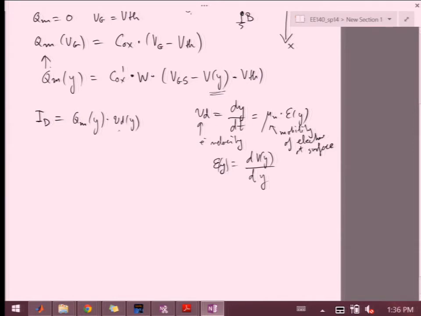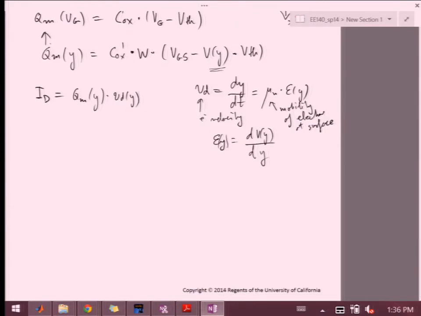So I'm looking at the velocity of electrons at a certain coordinate, and I'm looking at the number of electrons that are moving at that velocity, and that's my current. Now, this current is flowing only in one direction, from source to drain, so I know that current is constant across every slice. Notice that the current is constant, but these two quantities can change just to maintain the constant level.